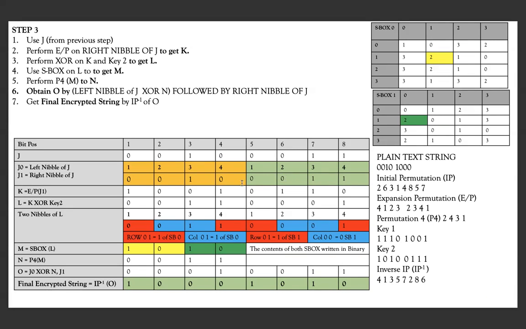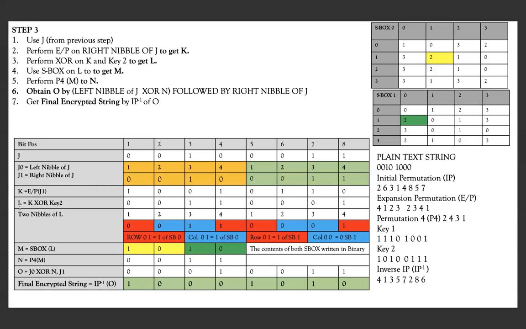From this bit right here. Then we got 3, which is bit number 1 from over here. So this is 4, 1, 2, 3, followed by 2, 3, 4, 1. So expansion permutation performed on J1 results in 1, 0, 0, 1, 0, 1, 1, 0, which we are going to call K. Okay.